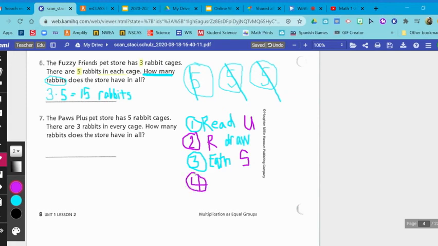Now what I want you to do is pause your screen when you are ready to get started, and you're going to do these 4 steps and find your final answer. And then when you're done with the whole thing, press play, and I will tell you the actual answer to see if you were correct. Press pause and get your work done, and press play when you are ready to check.